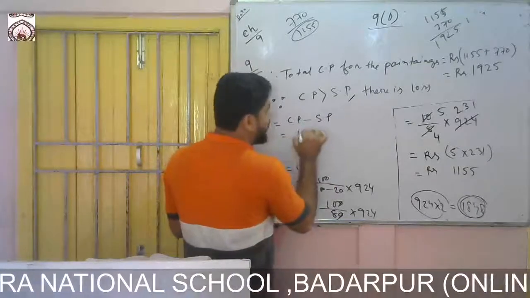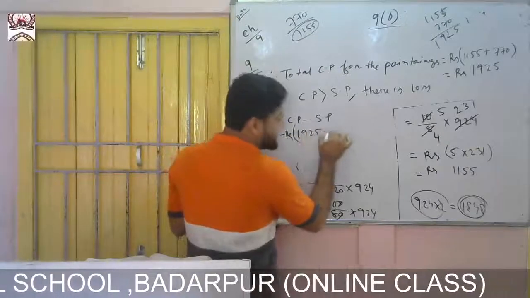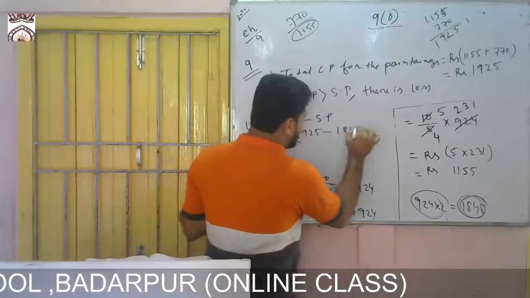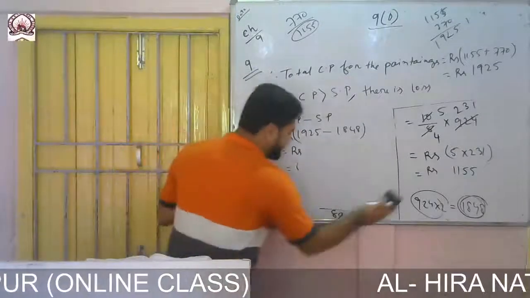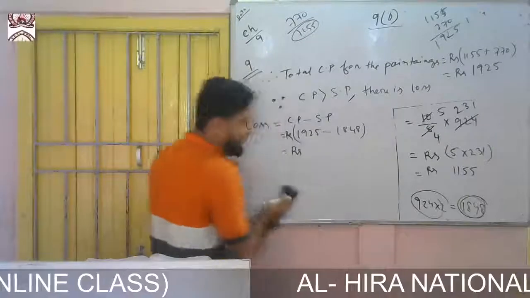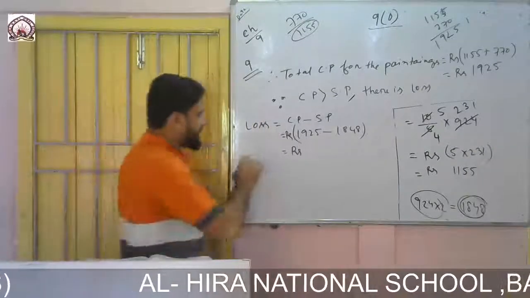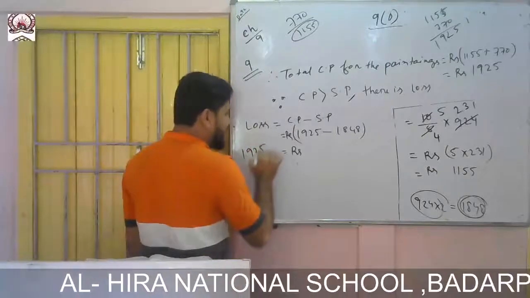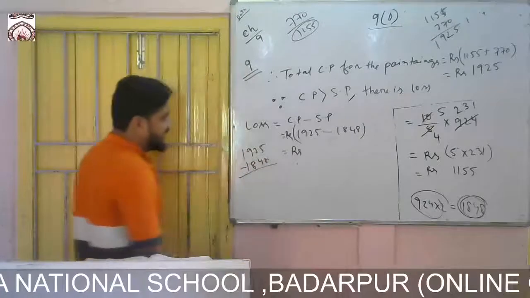So CP is rupees 1925, minus SP 1848. Okay, so you will get the answer now. Subtract 1925 minus 1848, and we will get the answer.